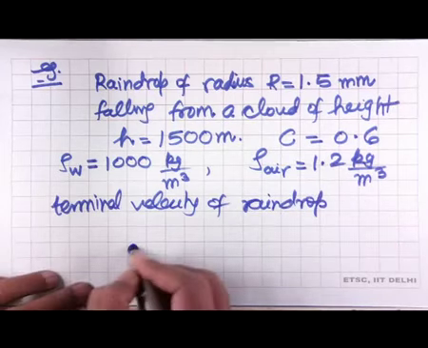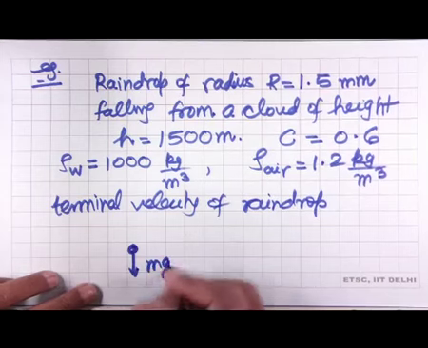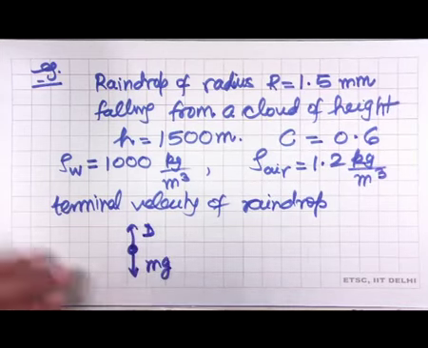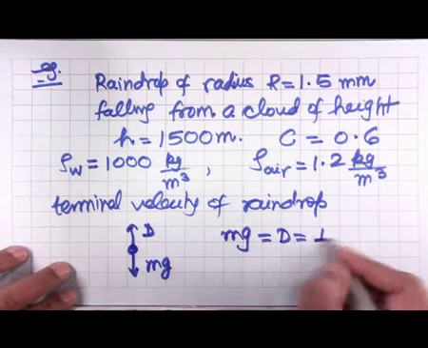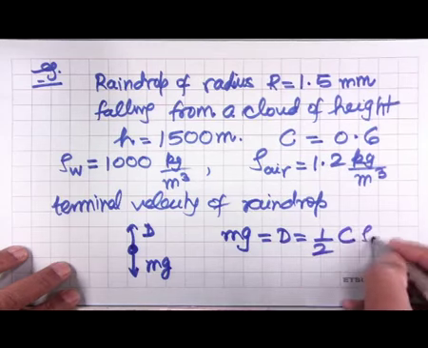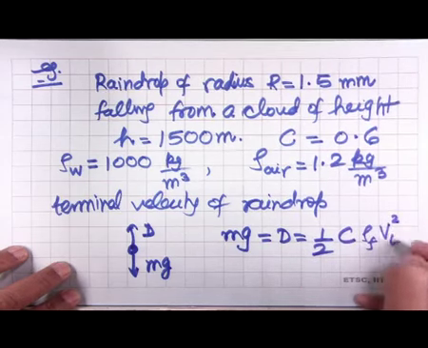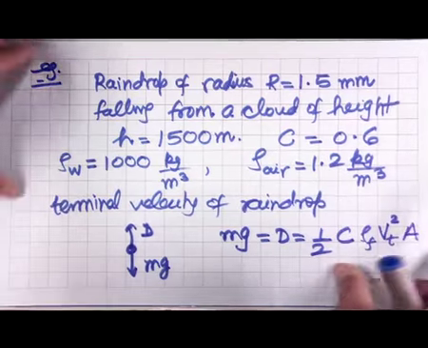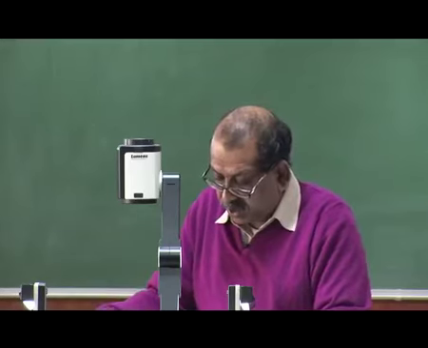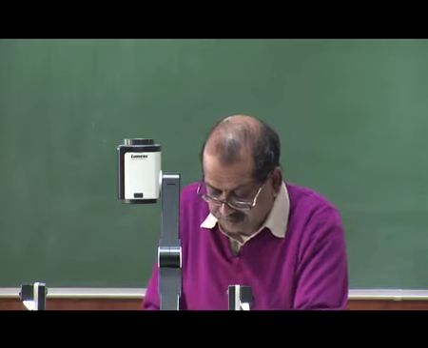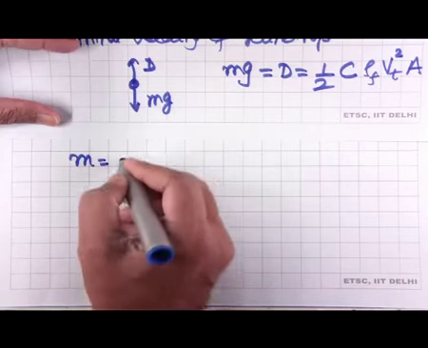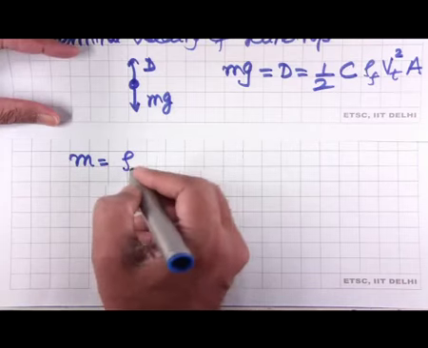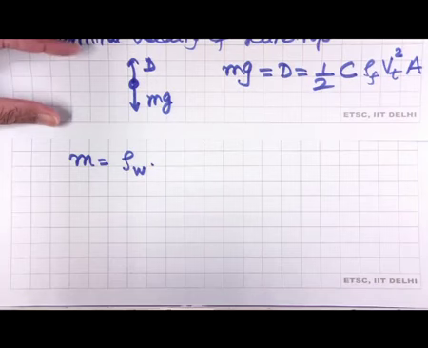So, if we draw the free body diagram of the raindrop, we have this mg, we have this drag force, and because we are talking of terminal velocity, these two must be equal. So, mg is equal to D, which is equal to half C times rho f times Vt square times A. Now let us work it out. m is equal to rho of water, that is the density of water times the volume of the drop.